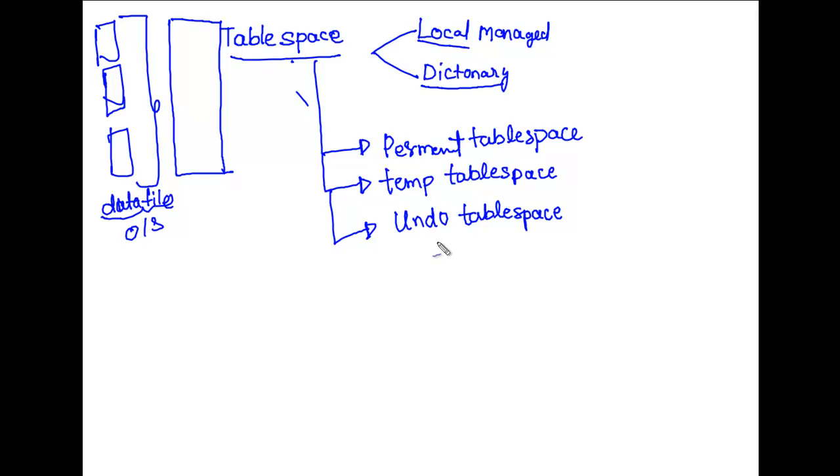That information, before changes are committed, will be stored in undo, and this information will be utilized to do the undo action. These are the three important tablespaces.